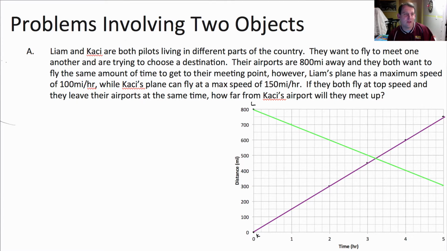Well, that gets pretty easy with these kinds of graphs, because where they meet up is right here at this point. So if I look on here, it's a distance of about 470 miles from Casey's airport.